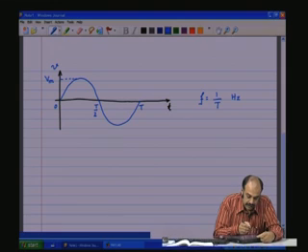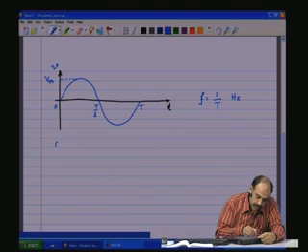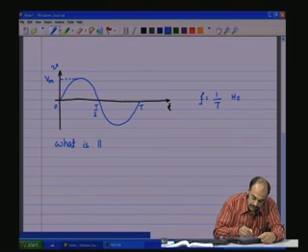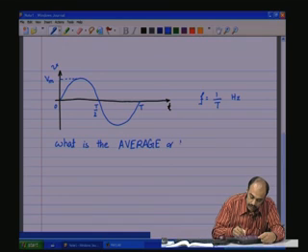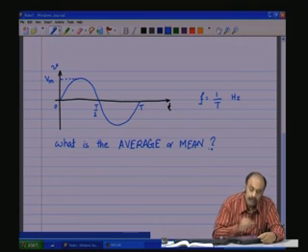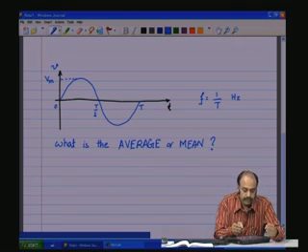Now, let us say what is the average or the mean of this waveform? What do you understand by the average or the mean?